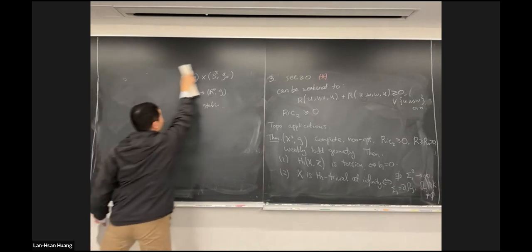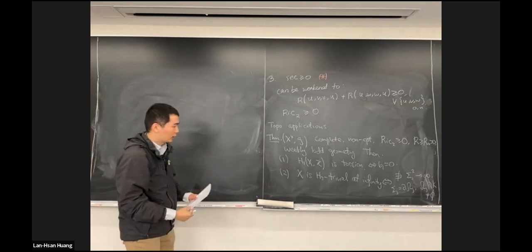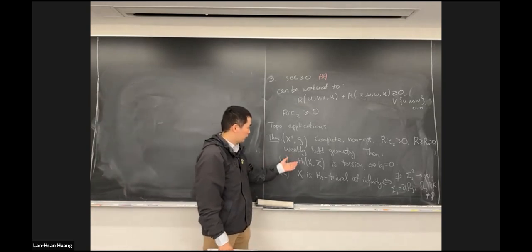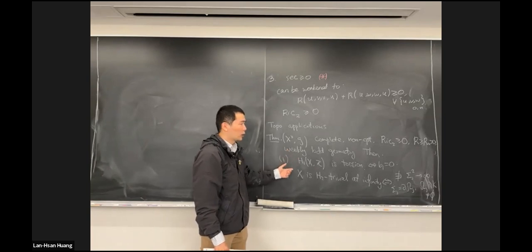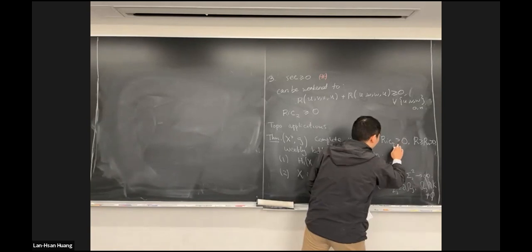And actually, I think it's also an interesting question, though not as interesting as the Milnor conjecture, to study the rigidity version of these statements. I'm sorry, I need to assume strictly positive here.